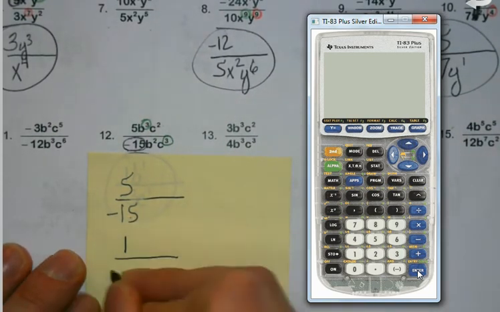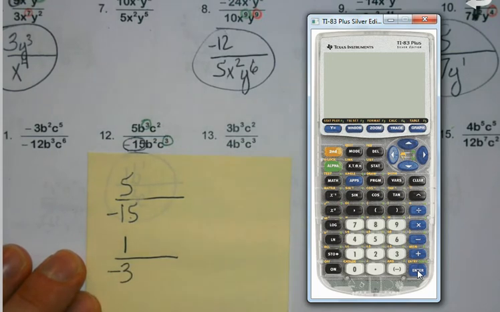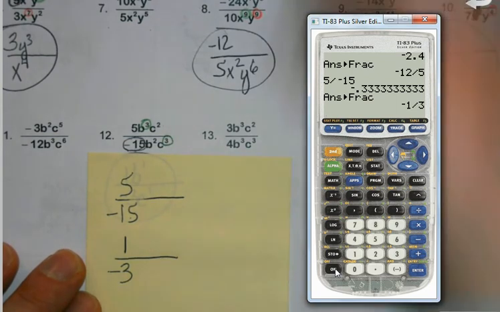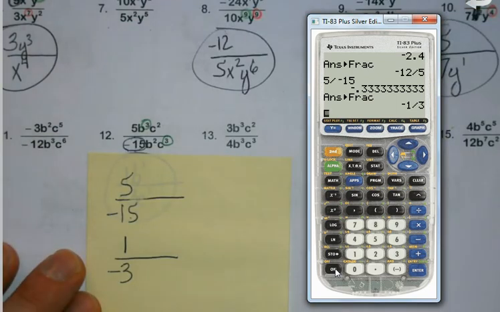Negative 15 divided by 5 would be negative 3. And that's sort of where that negative 1/3 was coming from. It's just, I'm just reducing a regular fraction. If I have to, I'm serious, just go to the calculator, type in the number part, and do it that way. But as far as the variables go, that's been the same all along.